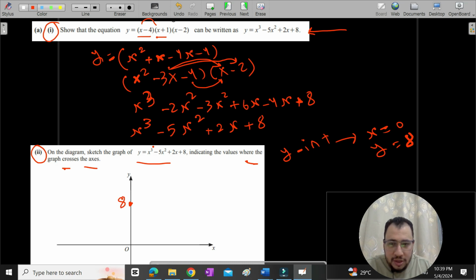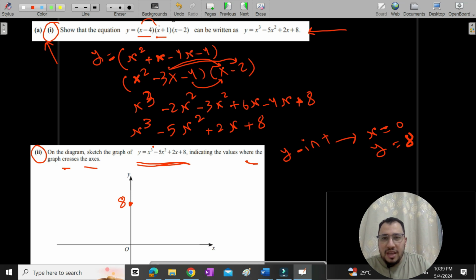What about the other points on the x-axis? You can't get them by looking here. Of course, there are many ways. You can use your calculator. But he actually gave you the answer in part I, because it's already factorized for you. Here, as you can see, you have 3 brackets multiplied by each other. It's already factorized.